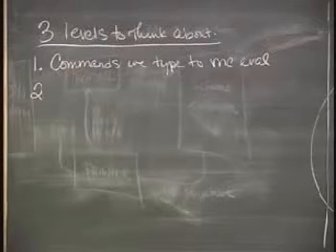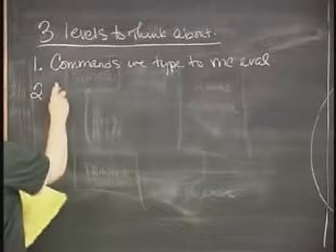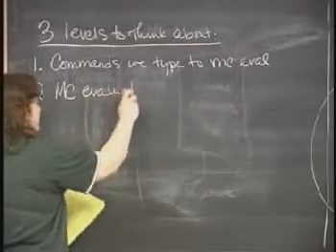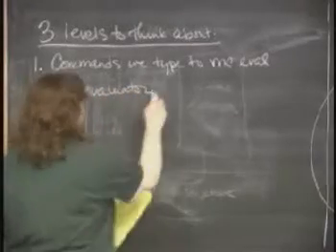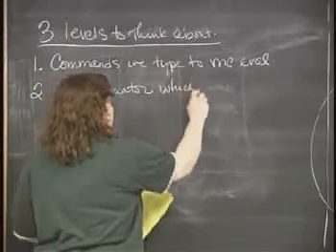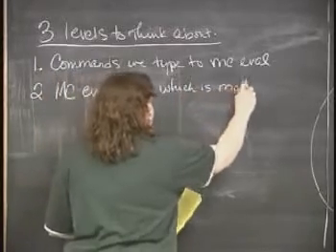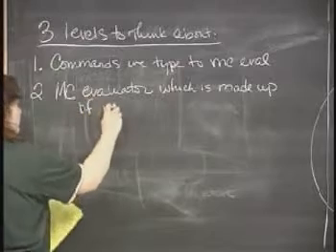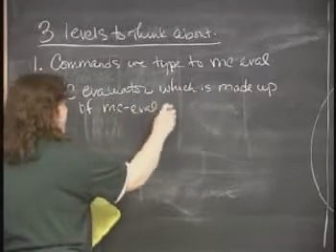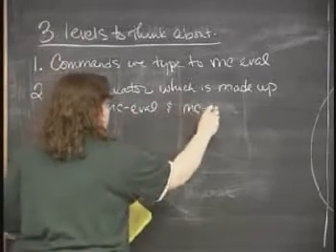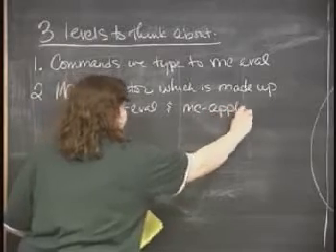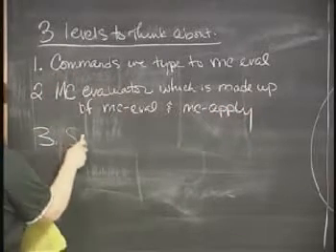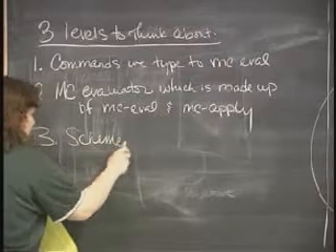The second level, well, that's the metacircular evaluator, which is made up of MC eval and MC apply. The third level is Scheme.